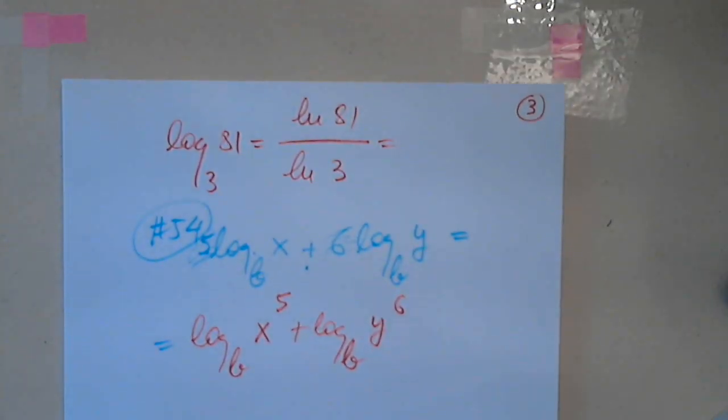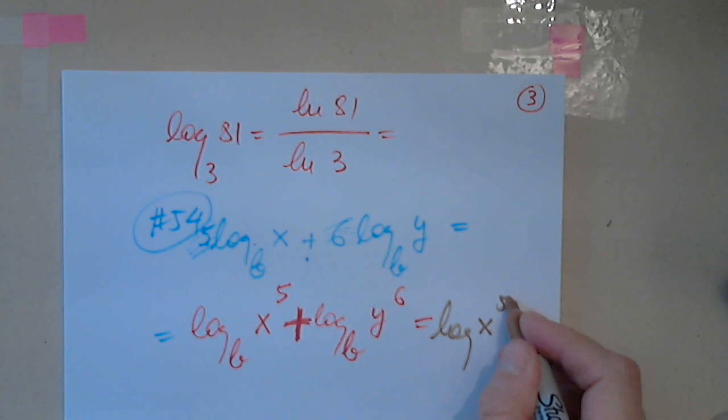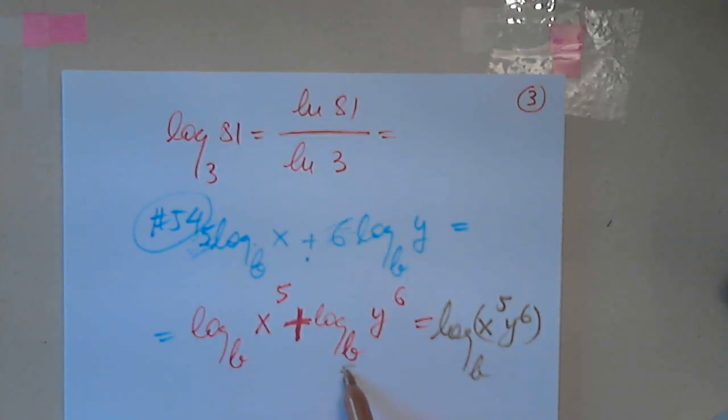Indeed. Now I can go backwards on this property. What does that say? It says that it comes from multiplying, exactly. So it comes from log applied to x to the 5th times y to the 6th. If you want to put in parentheses or not, it's okay, as long as they have the same base, and they do. That's why I copied the base.